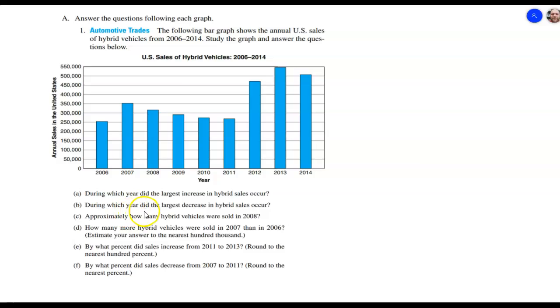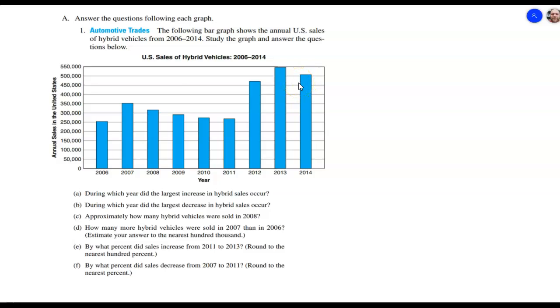Now the second one says, during which year did the largest decrease in hybrid sales occur? So let's take a look at some of the decreasing years. It looks like we go from 2007 to 2008. So 2008 is a pretty big one. And then from 2008 to 2009, that looks roughly the same. And then we have a decrease over here from 2013 to 2014.